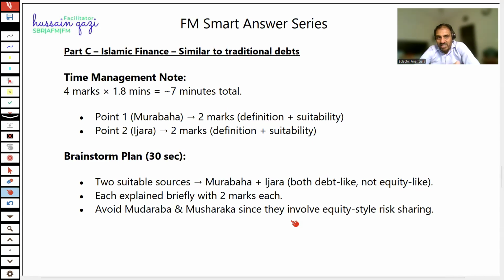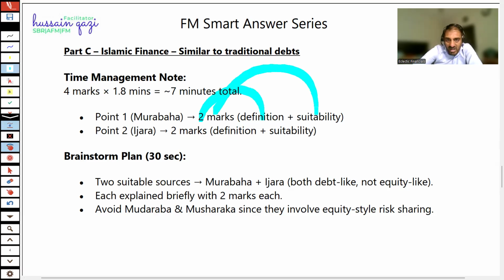That's 2 specific points. Murabaha. Sir, this is for 4 marks. What is the right strategy to write? 1 mark for definition, 1 mark for suitability. If a student just mentions the definition, the student will get 1 mark. Ijara, 2 marks, 1 mark for definition, 1 mark for suitability.